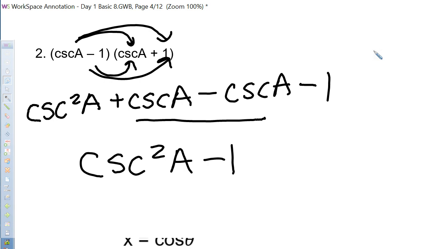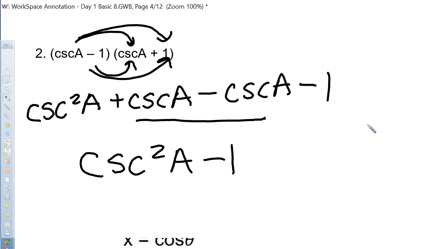So sine squared divided by sine squared is 1. Cosine squared divided by sine squared is cotangent squared. And 1 over sine squared is cosecant squared. But I want cosecant squared minus 1. So what do I have to do next? Subtract 1 from both sides.